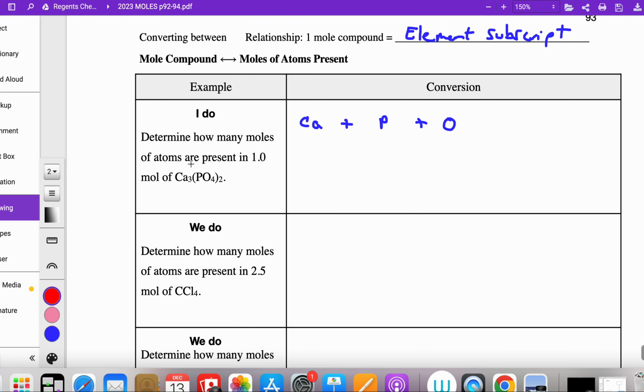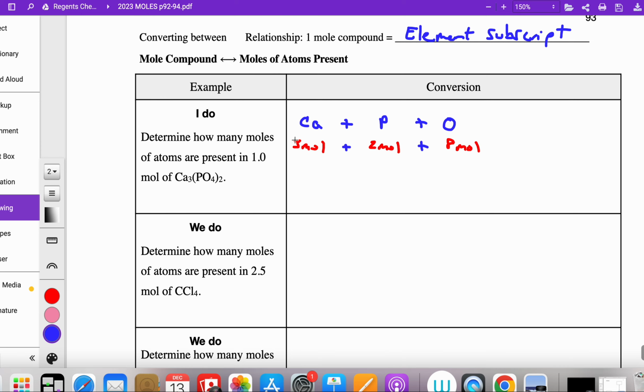So when I look at this, to build 1 mole of this compound, it requires 3 moles of calcium. It requires 2 moles of phosphorus. And it would require 8 moles of oxygen. So I know 3 moles of calcium, 2 moles of phosphorus, 8 moles of the oxygen.